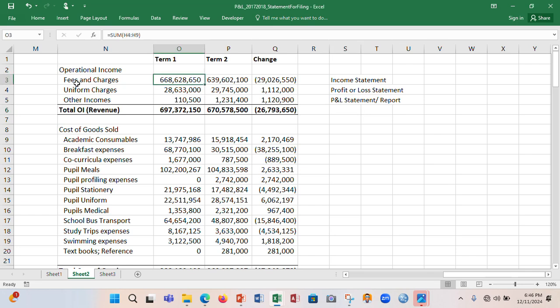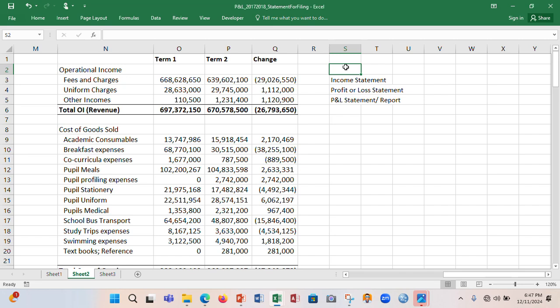Usually these transactions, for example these fees and charges, mean from each student you keep on accumulating for a period. You run this P&L for a period and close off. But the one which is legally acceptable is a period of the financial year, running from 1st July to 30th June.